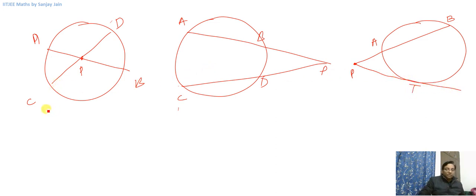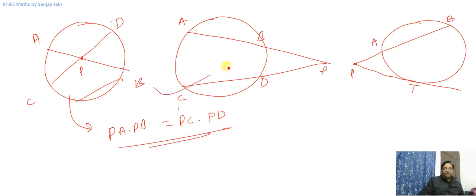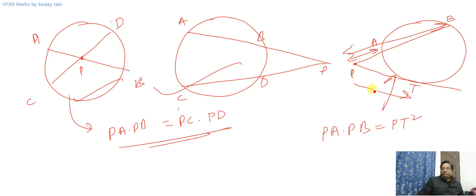So what were the results? That PA into PB is equal to PC into PD in these two cases, and in this third case we studied that PA into PB, that is the product of this segment and this segment, is equal to square of the length of this tangent here. This is an important article and you should take care of this.